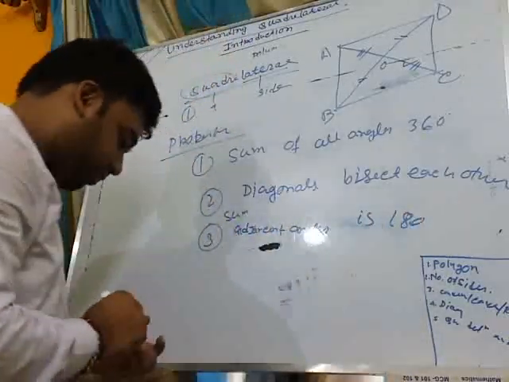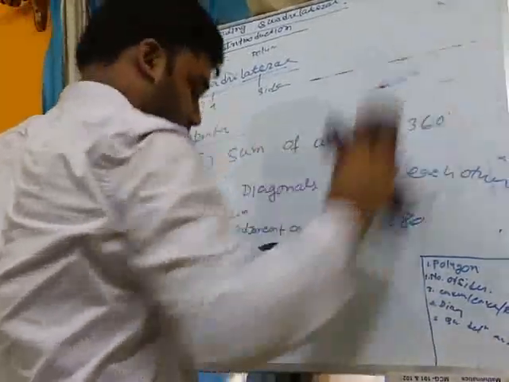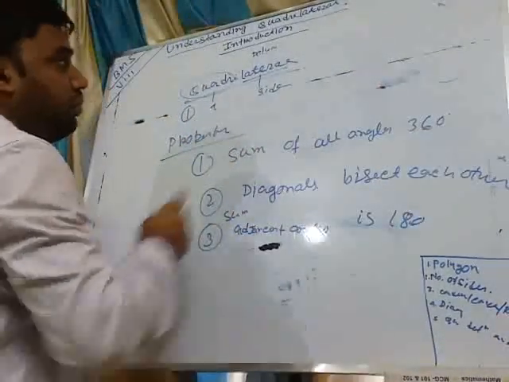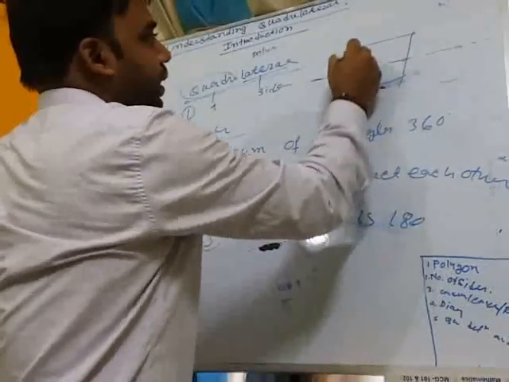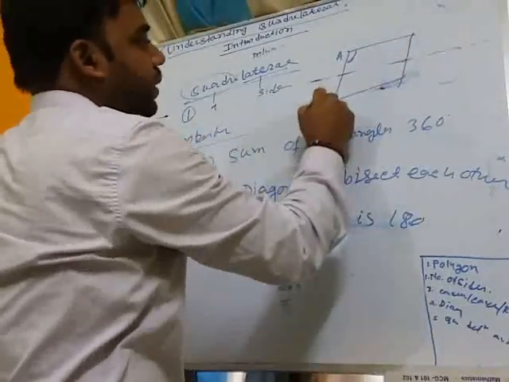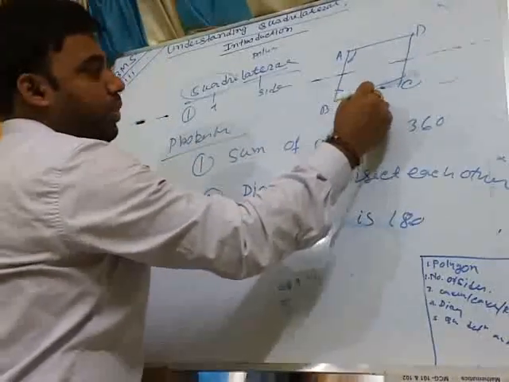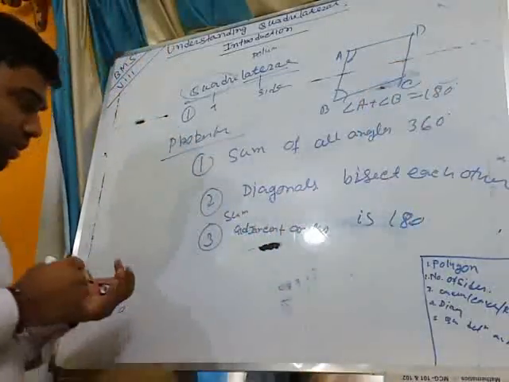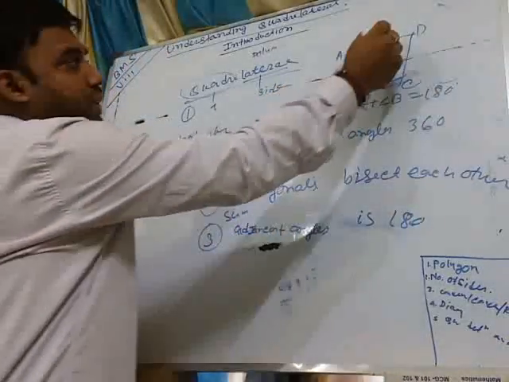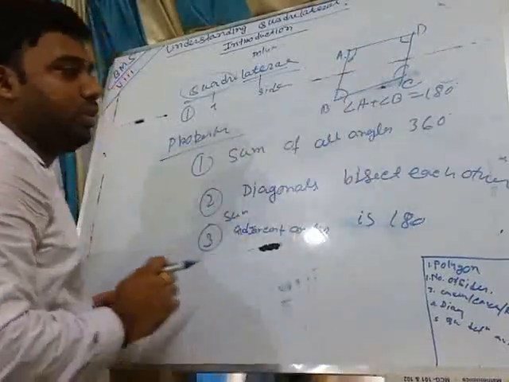Adjacent angle means, this angle, the adjacent angle of A is B. So the sum of A and B must be 180. Okay, and the sum of C and D is 180 degrees, A and D 180 degrees, B and C 180 degrees.